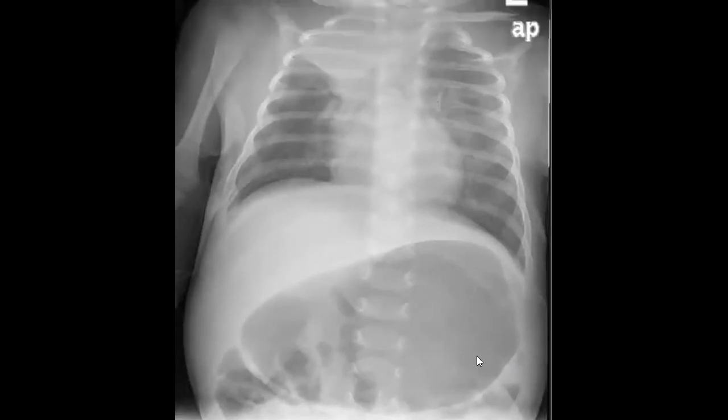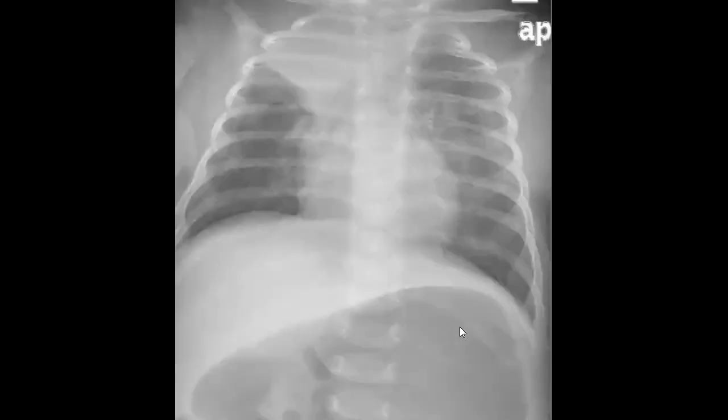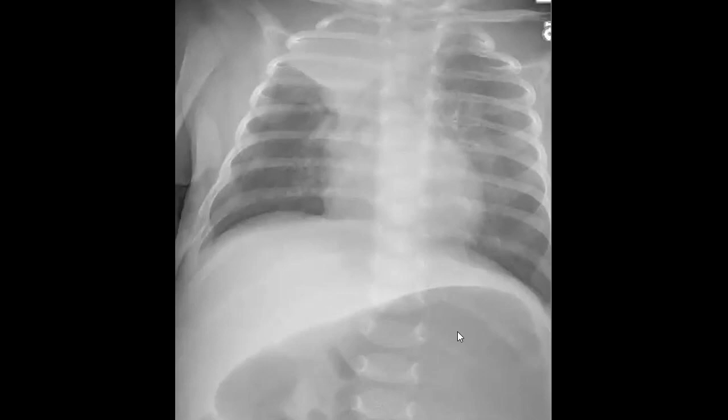This patient has distension here. But also he has this, which is consolidation.